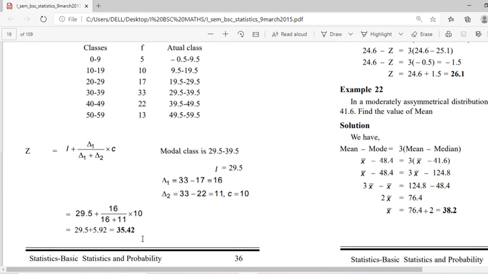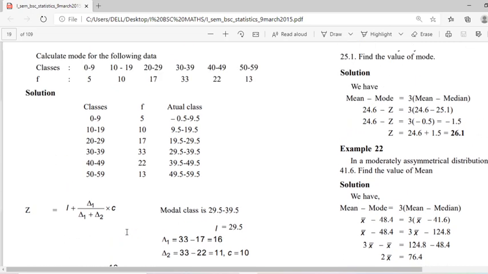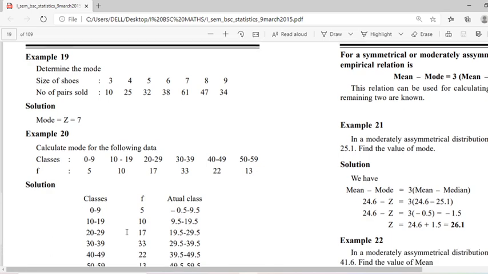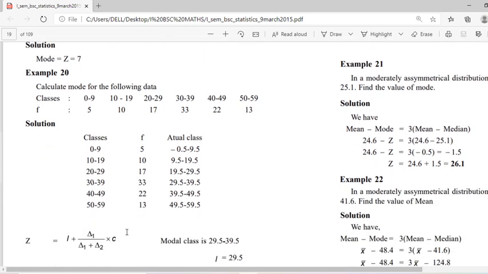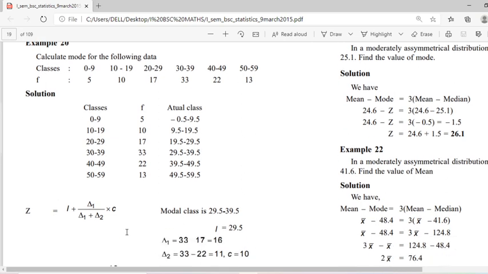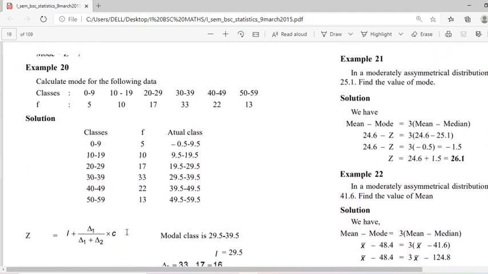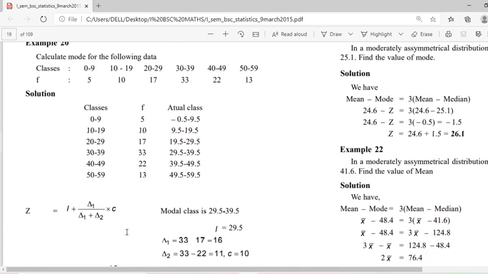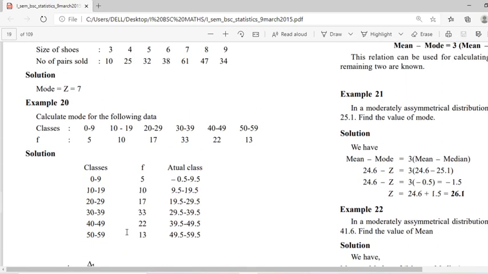So after calculation we will get 35.42. So I think we got the idea of this calculation of mode.